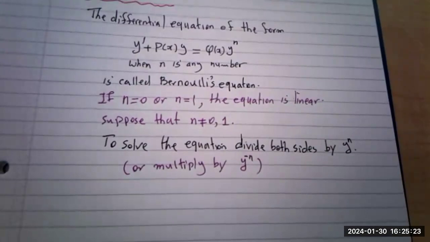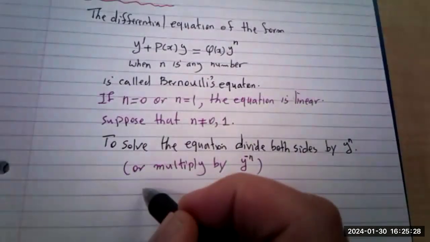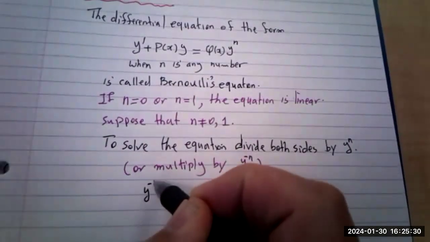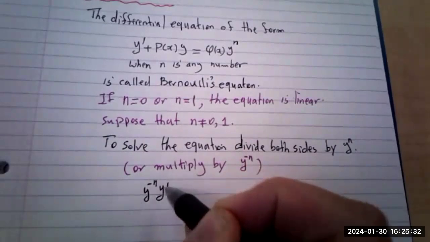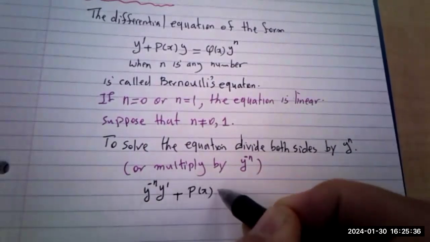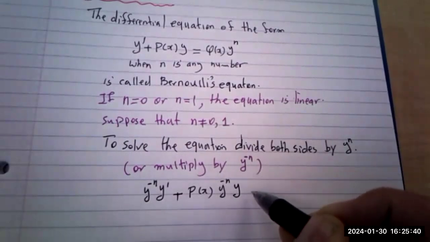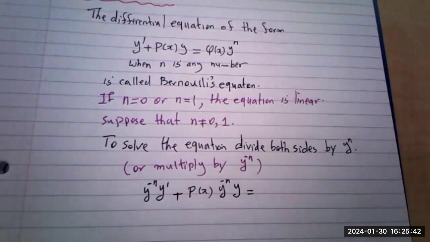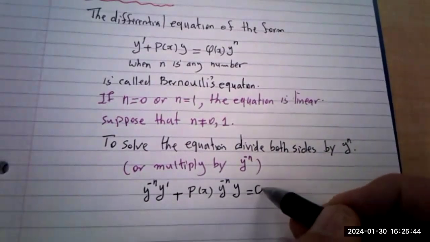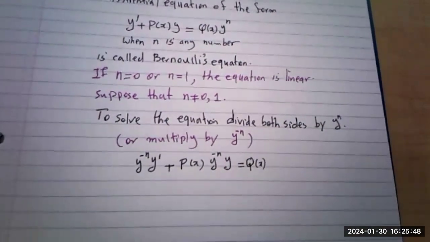So what's going to be the result of the equation? This would be y to the negative n, y prime. And this is going to be p of x times y to the negative n, and this is going to be y. On the other side, it will be cancelled out, so we get q of x.